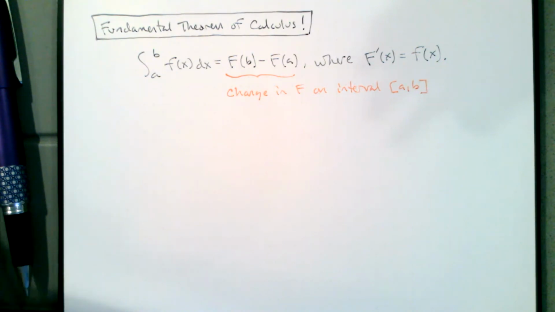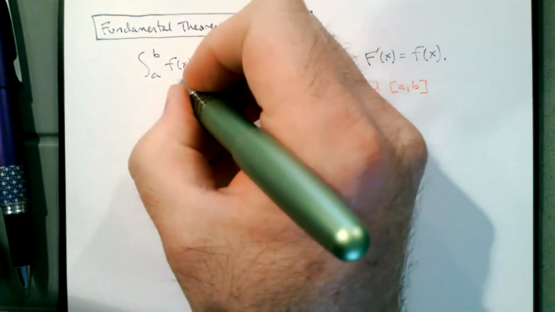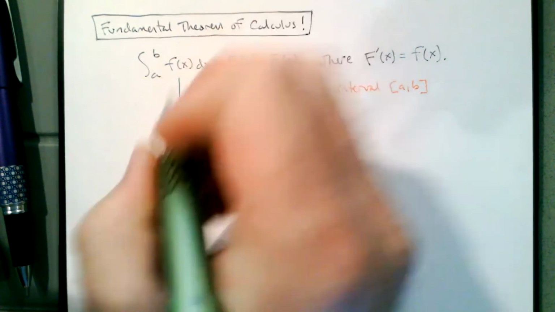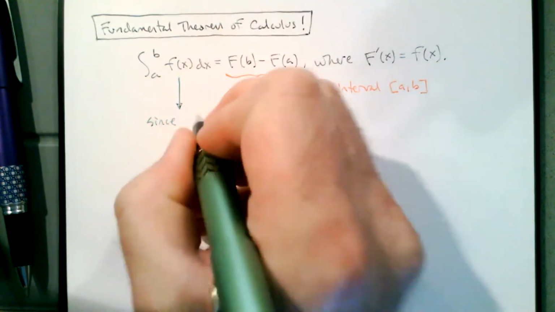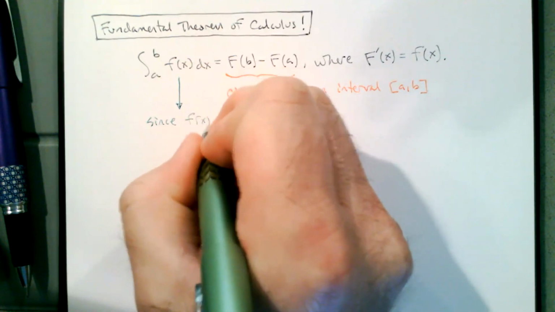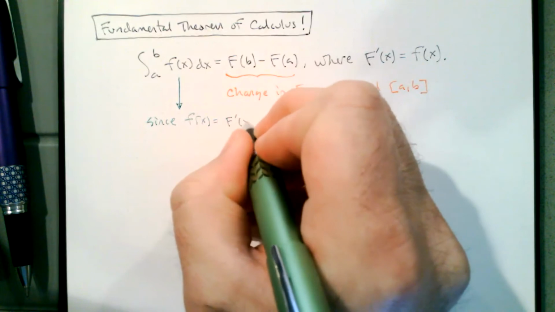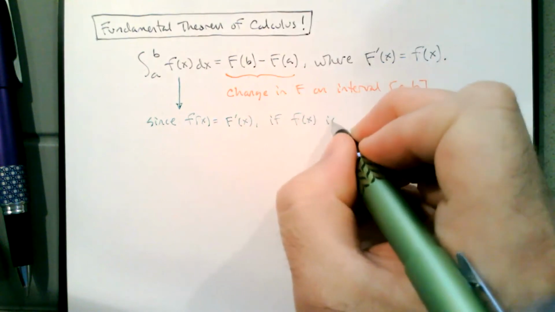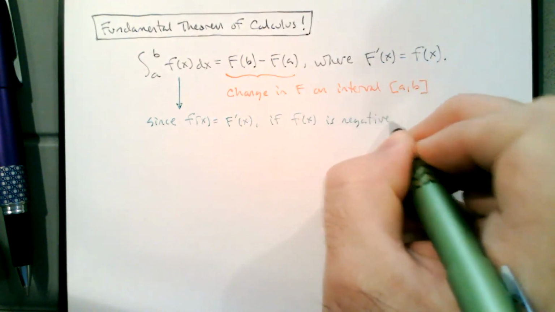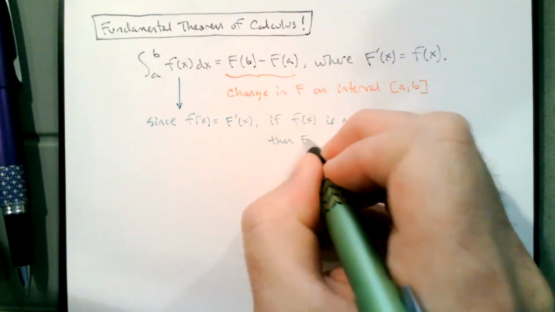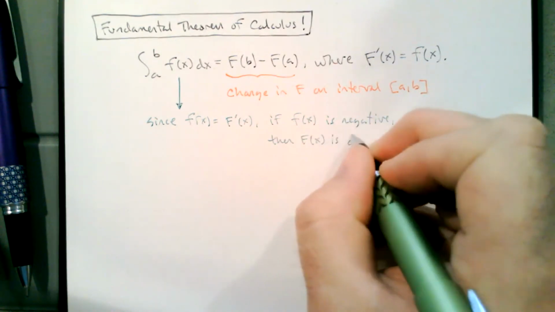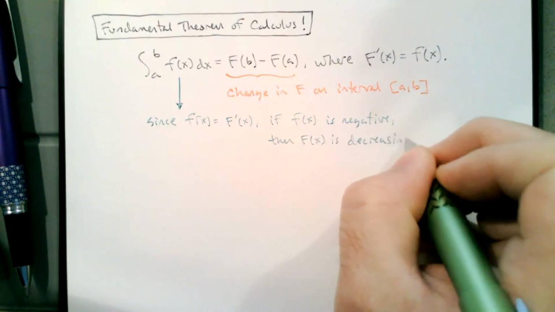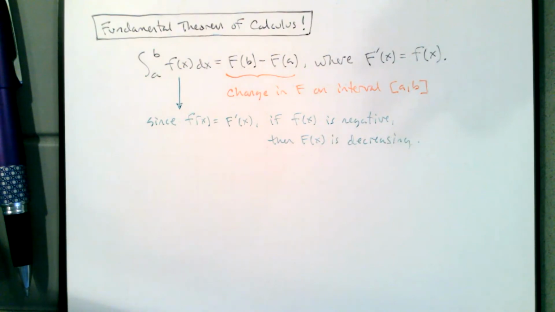So the other thing to notice is that little f is the derivative of big F. So since little f of x is the derivative of big F, if little f of x is negative, then big F of x is decreasing.